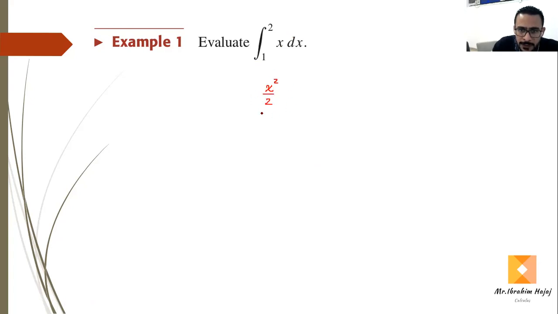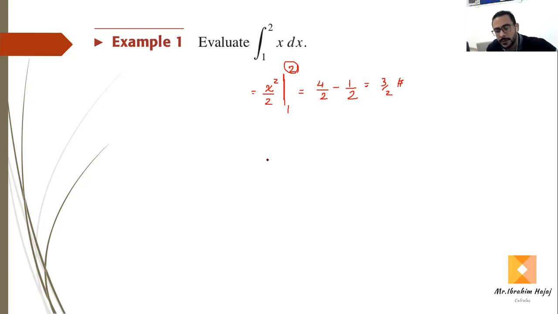Then evaluate, make a vertical bar like this, from 1 to 2, as normal, which is 4 over 2 minus, substituting 1. We start first by plugging in 2 and then plugging in 1. So your answer is 2 minus half, which is 1.5, which is 3 over 2. So your area under this curve x is 3 over 2 from 1 to 2.